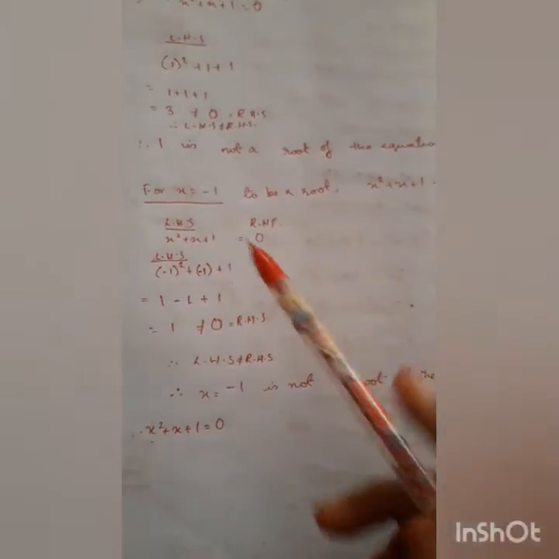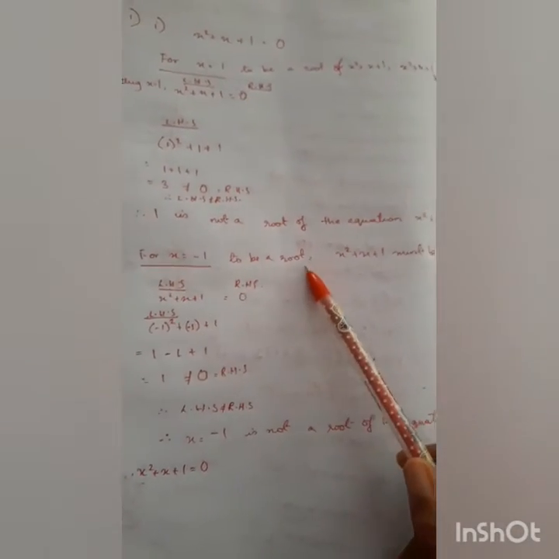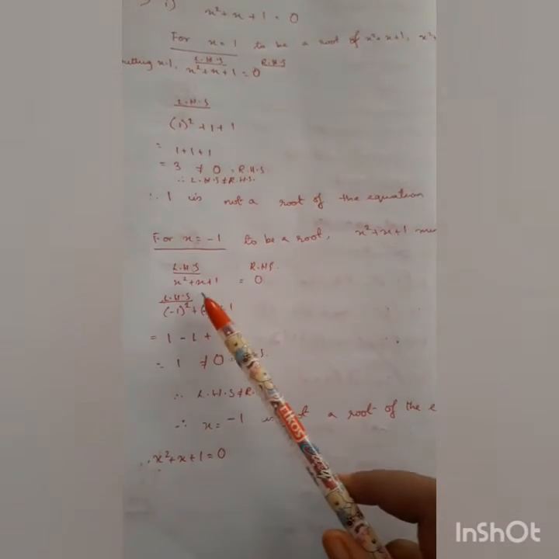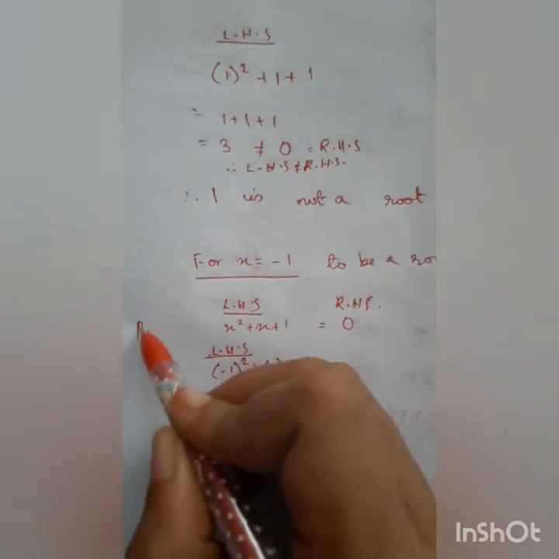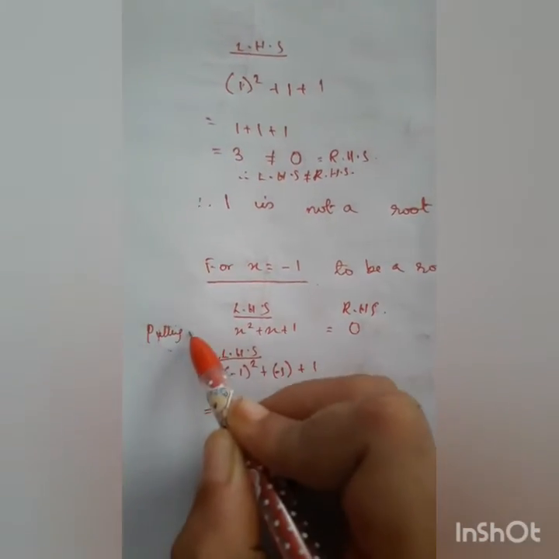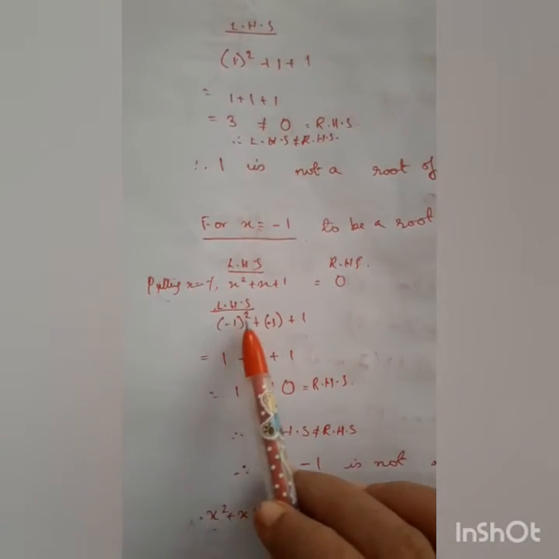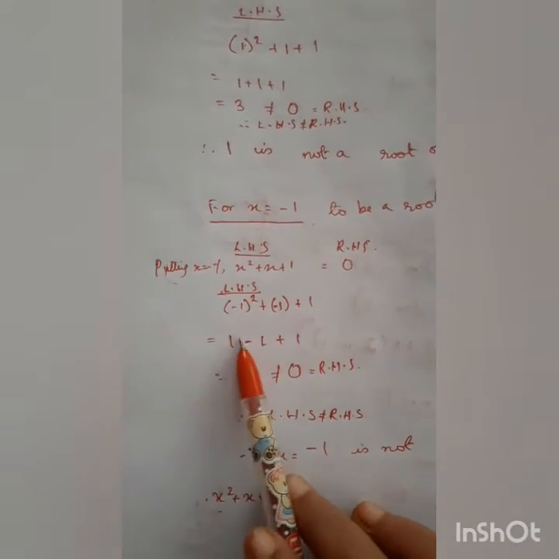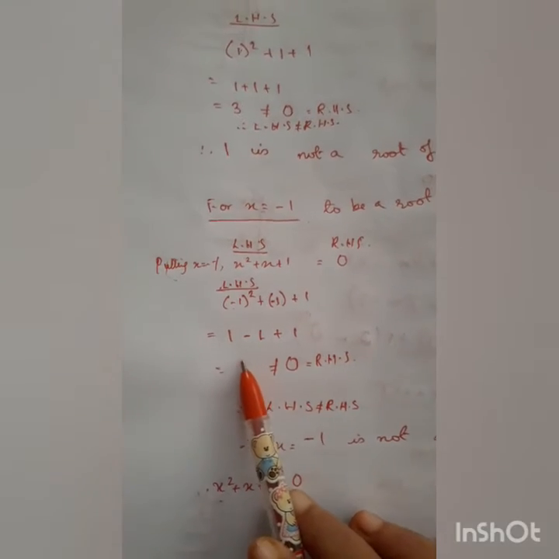Now again let us check for x equals to minus 1. Again the same thing, for this to be a root of the equation, this value must be equal to 0. So LHS we are having x square plus x plus 1 equals to 0, RHS. So putting x equals to minus 1, we will have LHS minus 1 whole square plus minus 1 plus 1. So minus 1 whole square is 1, plus into minus 1 is minus 1 plus 1, which is coming out as 1.